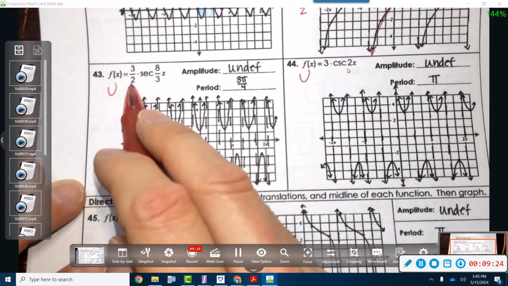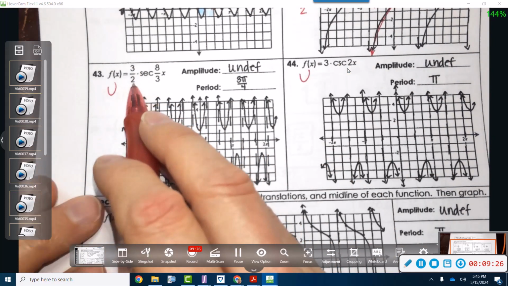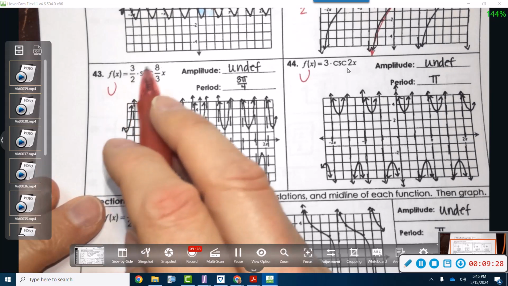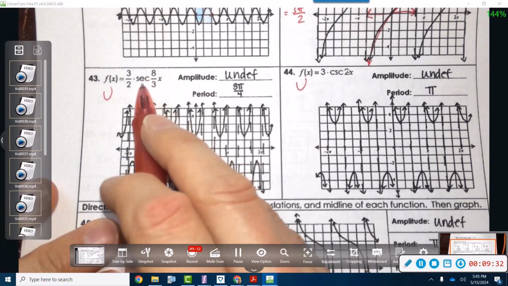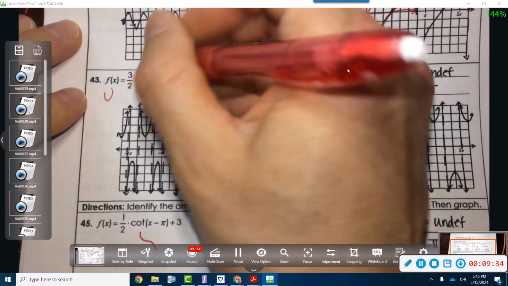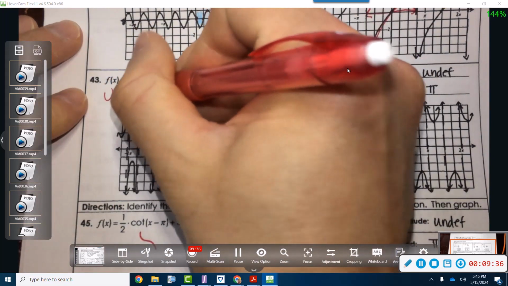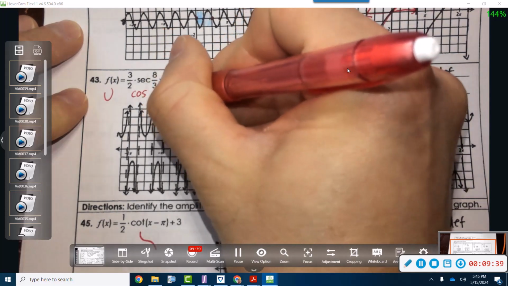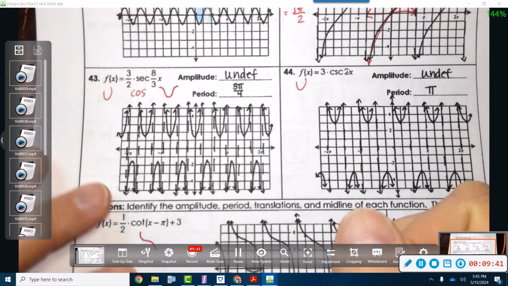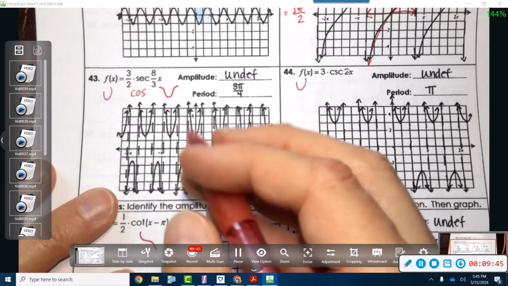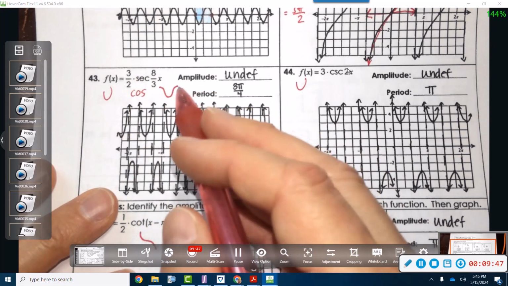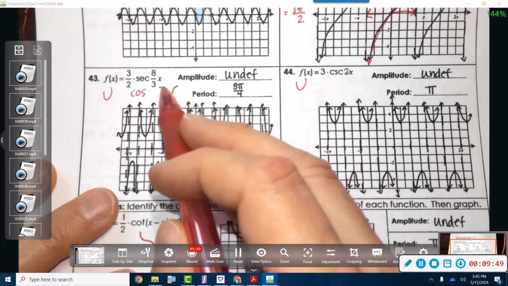So we have a distance of 1.5, and he doesn't have an amplitude, though, because he's secant. Secant is related to cosine. So we're going to have to graph this guy, and then we're going to draw upward quadratics or hyperbolic curves from each of these points.